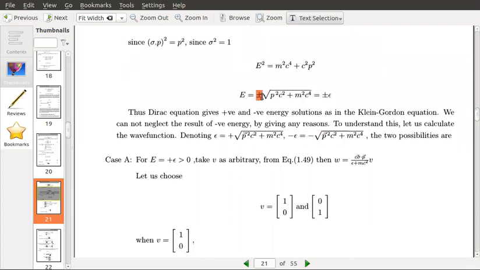So from this equation we have a negative energy. The Dirac equation gives positive and negative energy solutions as in the Klein-Gordon equation. But Klein-Gordon was stuck due to the lack of explanation for the negative energy.